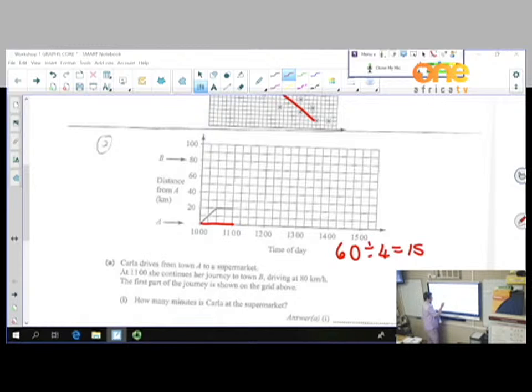And on my vertical axis, I have here 2 blocks representing 20 kilometers. So that means 20 divided by 2 is 10. So each little block here is 10, and each little block on this axis is 15 minutes then there.